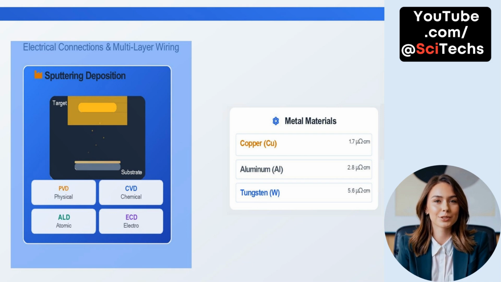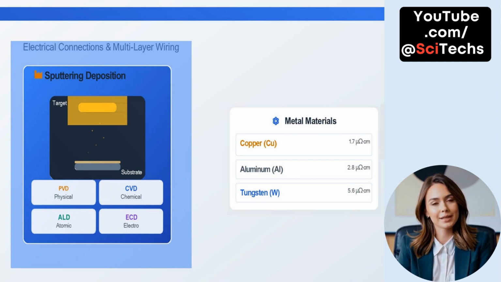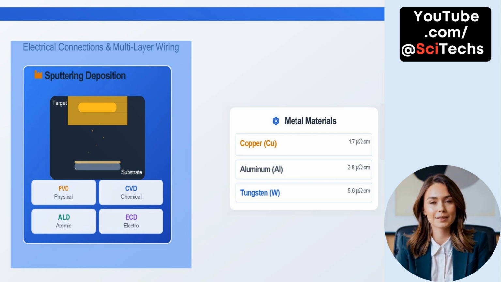When selecting metal materials, electrical resistivity plays a major role. Copper, Cu, with a resistivity of 1.7 micro-ohm centimeters, is preferred for low-resistance paths. Aluminum, Al, has 2.8, and tungsten, W, is higher at 5.6. Each metal is chosen based on process compatibility and performance needs.